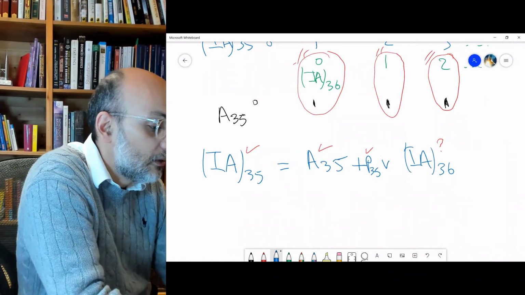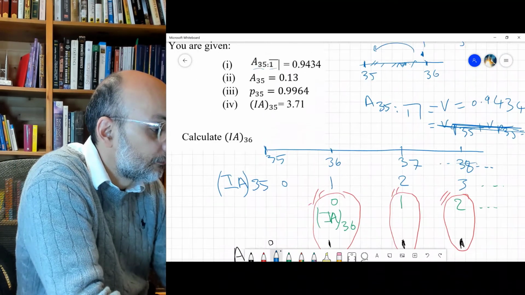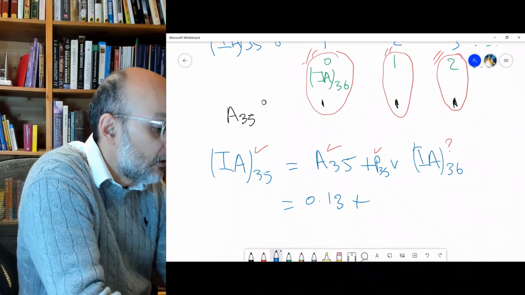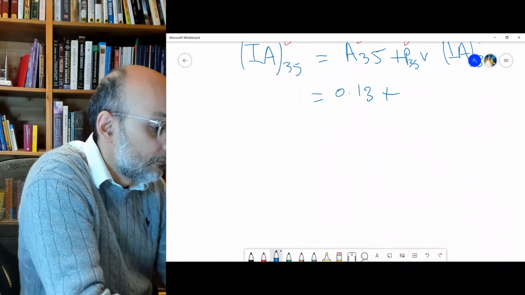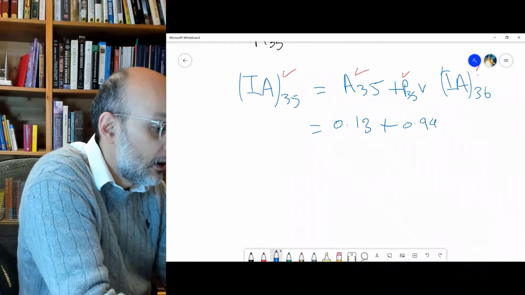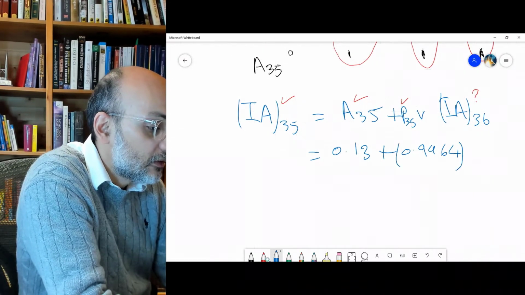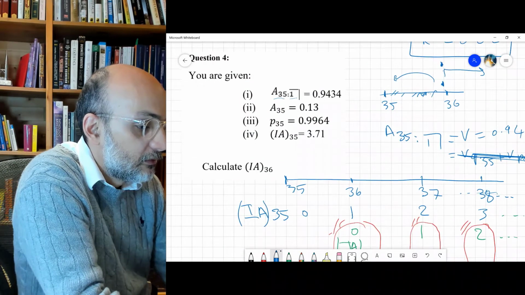We got everything we wanted. So we have A35, which is 0.13, plus P35, 0.9964. Now V, which we already said, is 0.9434.